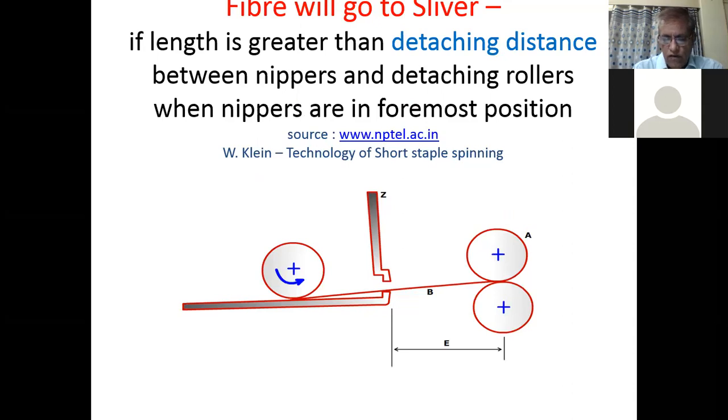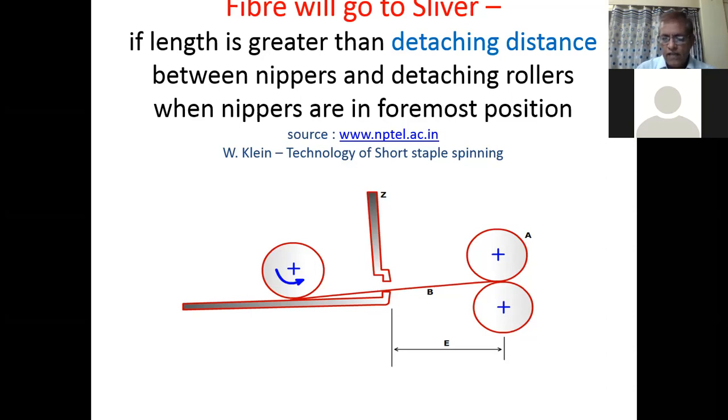When the nippers have reached the most forward position, what is the distance between the bottom nipper and detaching roller? If any fiber is longer than this distance, then chances are it will go to the sliver.